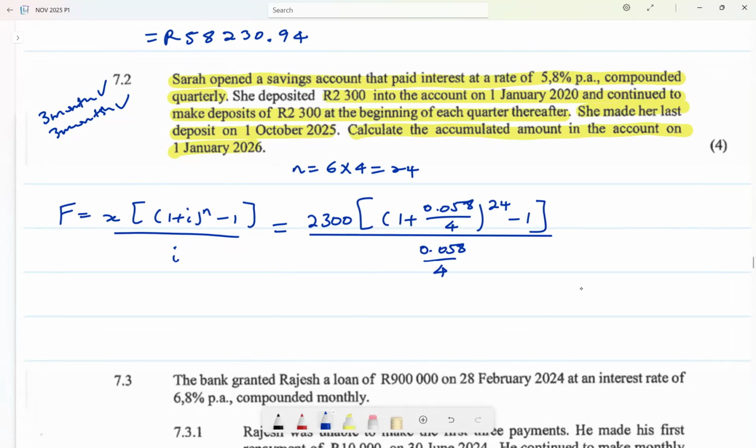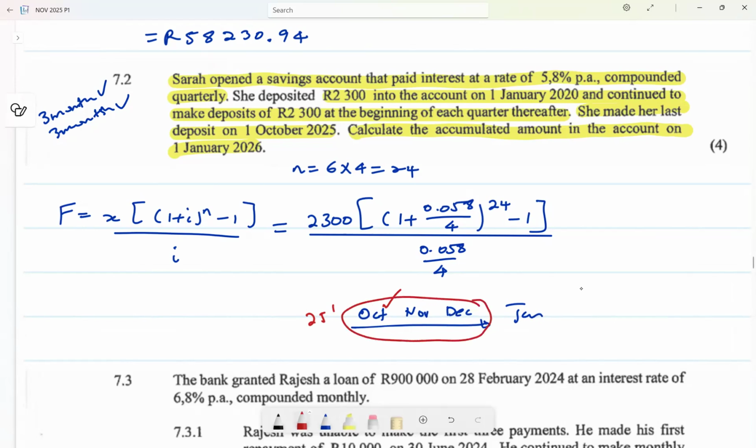Let me see. When you pay for October, November, December, this is your quarter. Then on the 1st of January, the last payment is made on the 1st of October, to cover the last 3 months of 2025. The money should be collected because these are the 3 months that she completed and already paid.